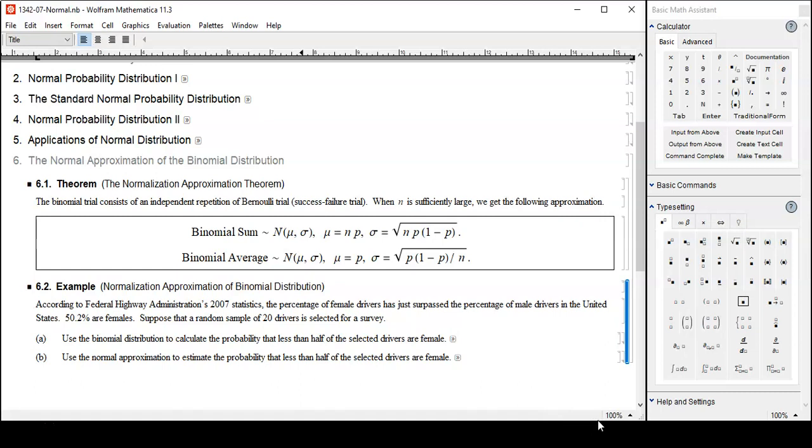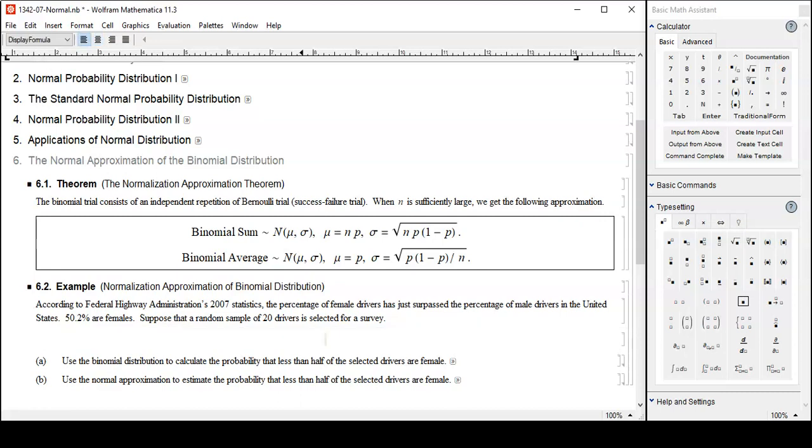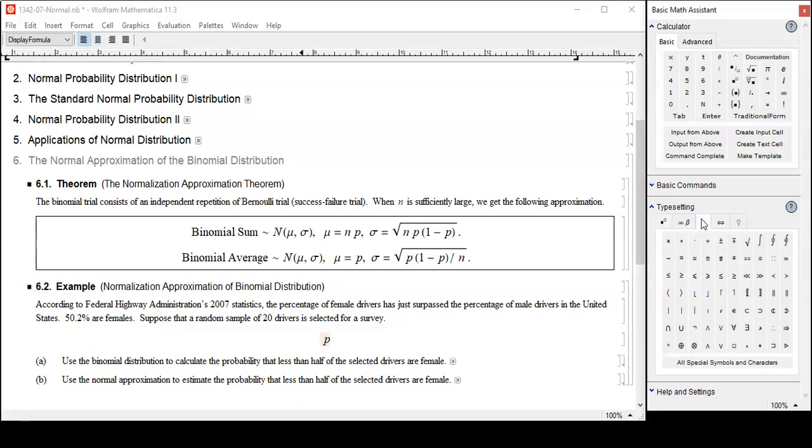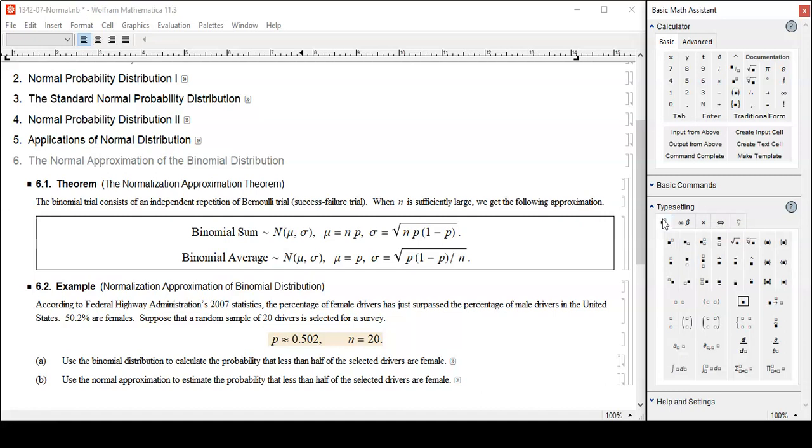Okay, according to Federal Highway Administration's 2007 statistics, about 50.2% of drivers are females. So we have something like this. Probability is about 0.502. So that's success probability, otherwise males. And the repetition, 20 repetitions.